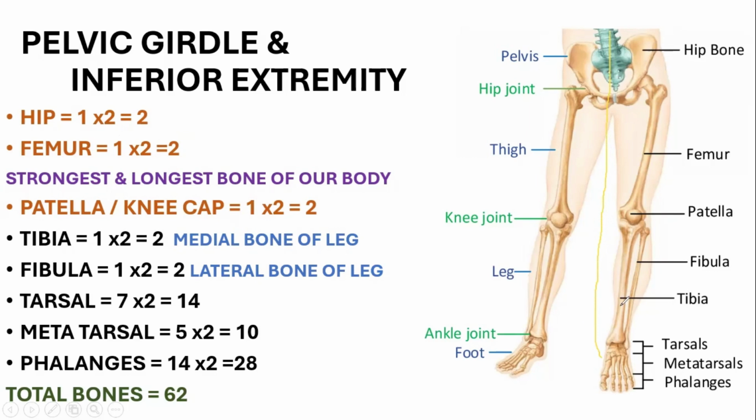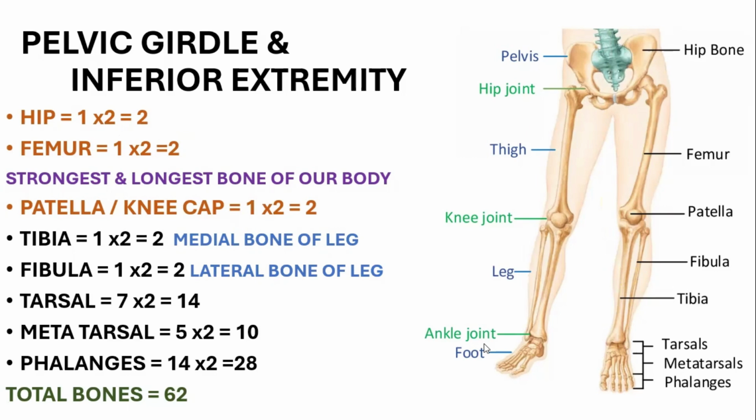This bone is near to the midline, so this is the medial bone, and this bone is comparatively far away from the midline, so it is known as the lateral bone. Tibia is closer to the midline. So tibia is the medial bone of the leg and fibula is the lateral bone of the leg. Now let's move on to the ankle joint and the rest of the part.